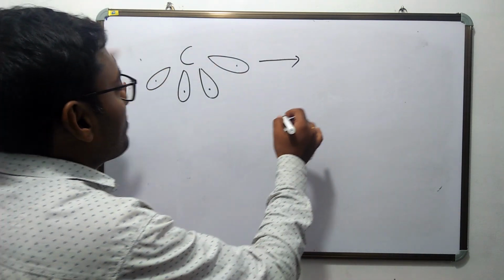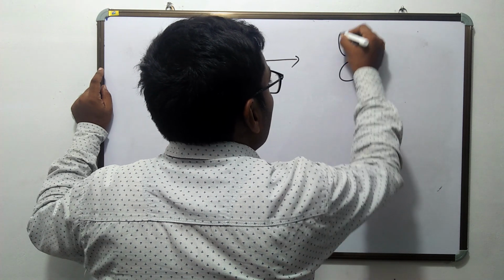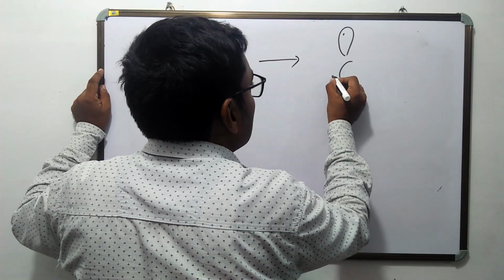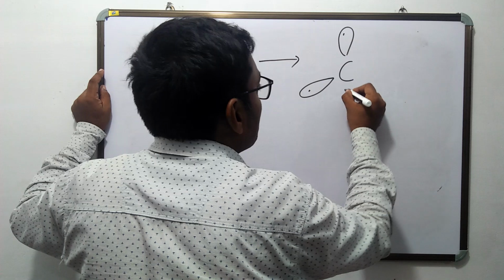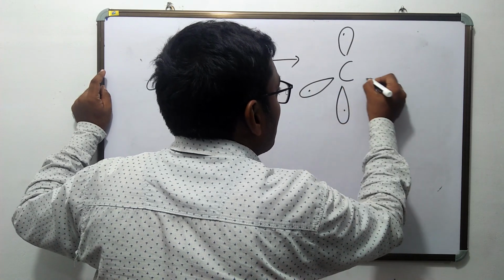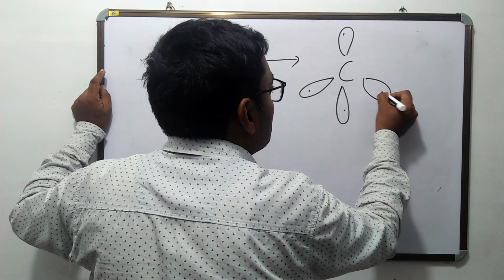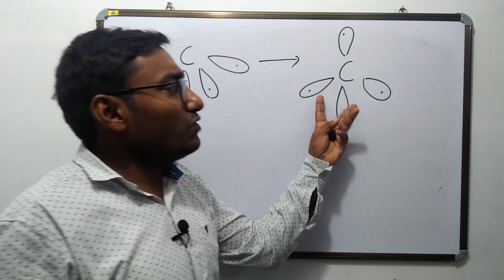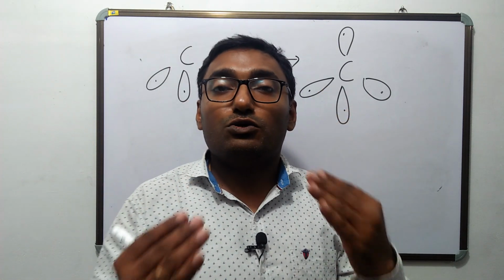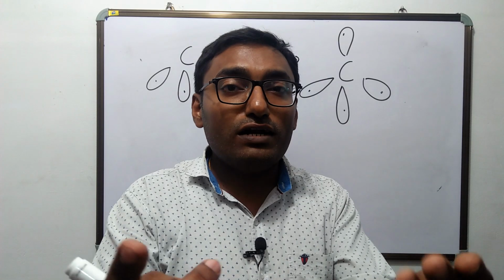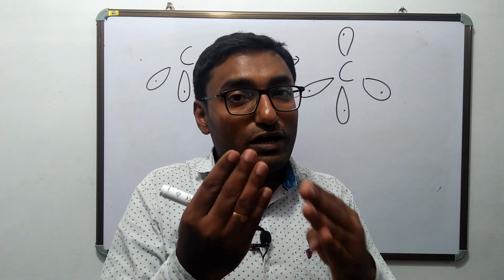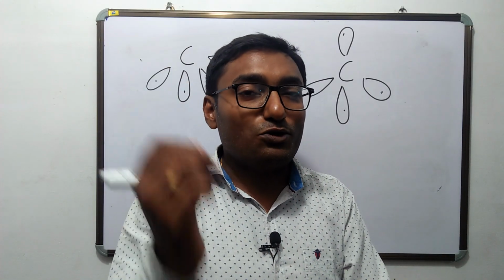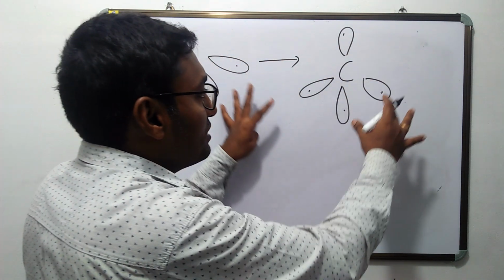Let us draw the farthest position possible for all orbitals. This is the farthest position available. 2 of the orbitals are protruding towards you. One is protruding away from you and one is up.